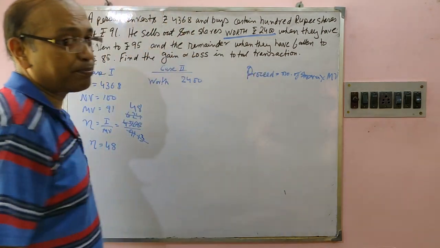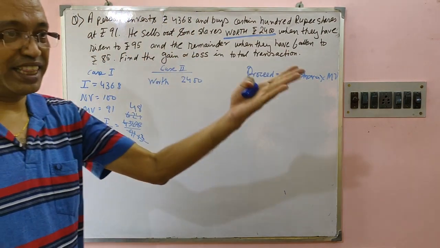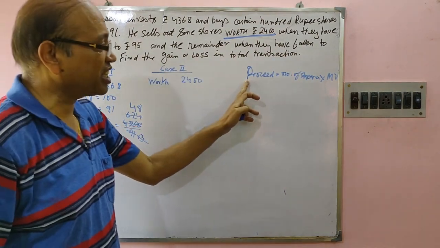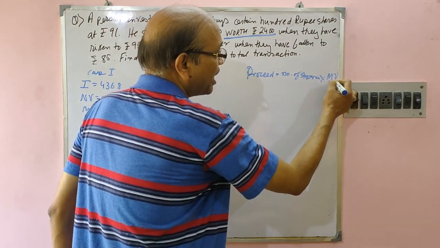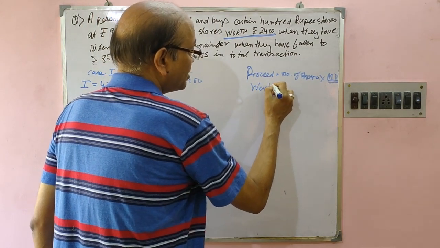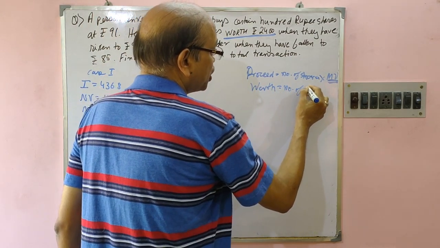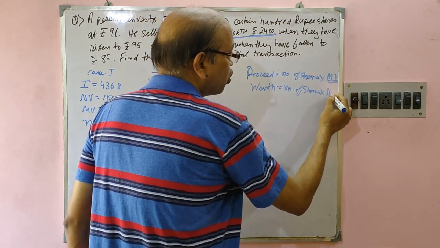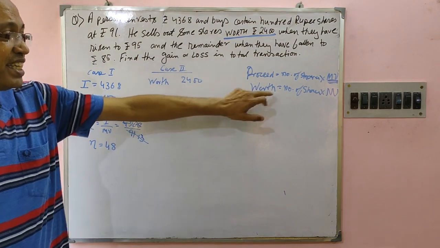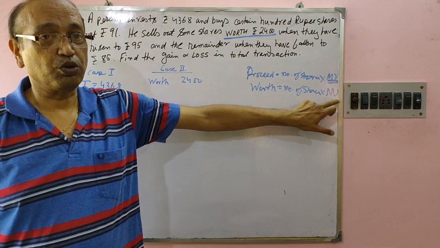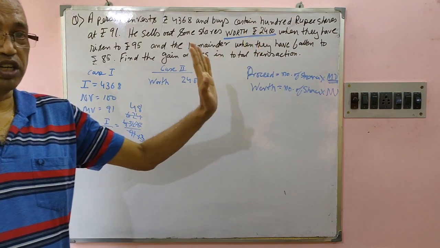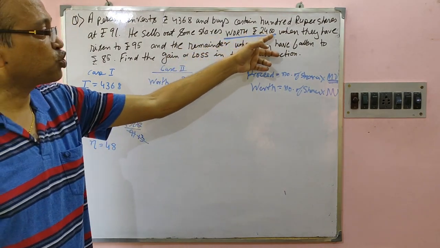Once we sell the shares, that is known as proceeds, and when we invest that is called investment. So proceeds are always related with market value. And when we say worth, this is the number of shares into nominal value. This is the basic difference here. When they say worth, it is related with nominal value, and when they say proceeds, that is with market value. Please note this.